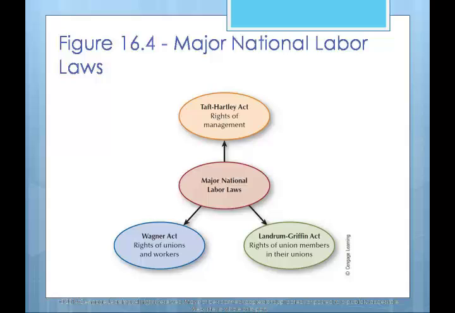So here are the major national laws that impacted this. And you've got the Taft-Hartley, which is the rights of management. And this is detailed in your book, but one of the ones that I really want to target here is the Wagner Act, which is rights of unions and workers.